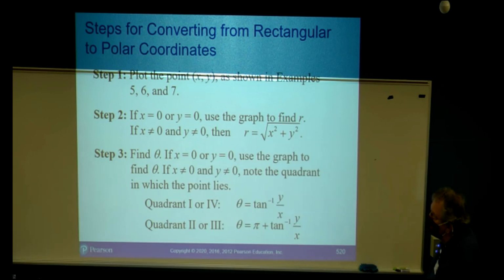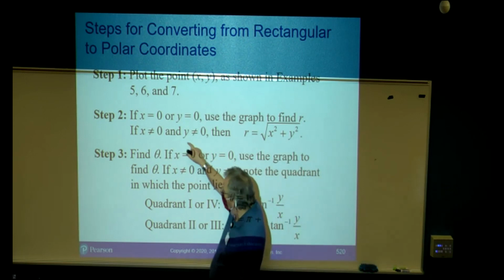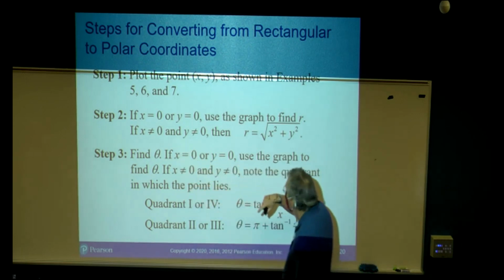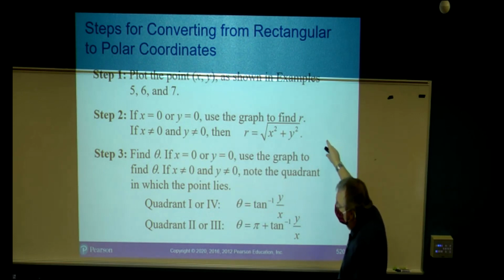If x equals 0 and y equals 0, use the graph to find r and also theta. And if x and y are both not 0, then you find r by using the Pythagorean theorem or the distance formula, whichever you want to look at it as.